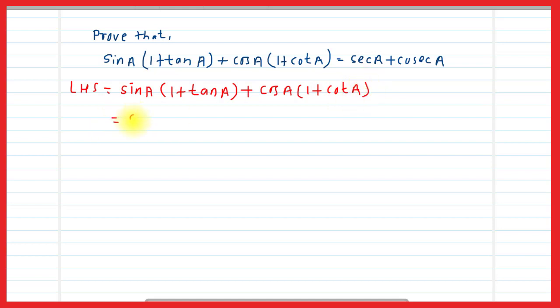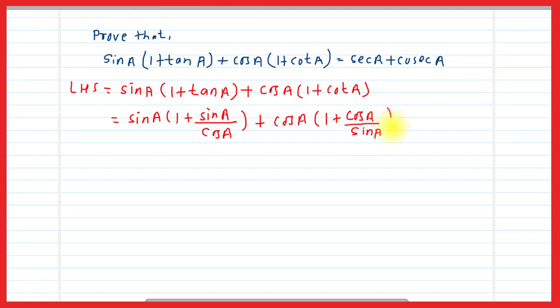So here which is equal to sin a into bracket 1 plus this tan a we can write as sin a upon cos a, close the bracket, plus cos a into bracket 1 plus cot a is what, it is cos a upon sin a, close the bracket. So which is equal to, now we will solve these brackets.